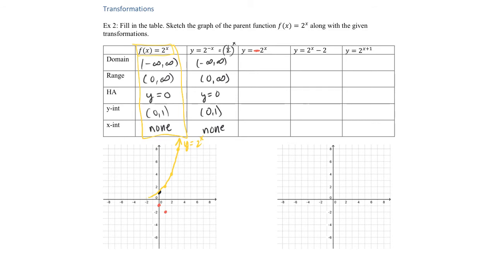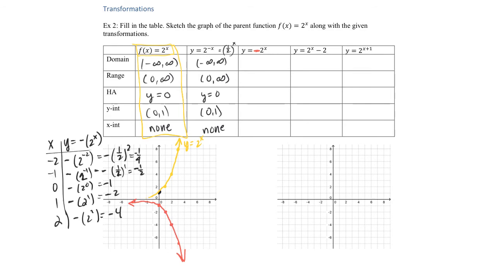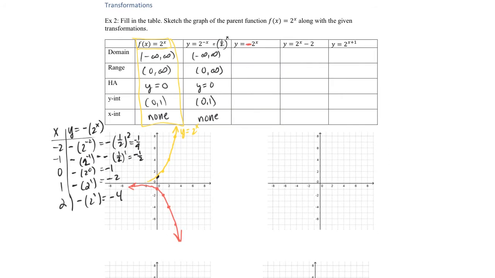So it's just reflecting it across the x-axis. All right, and if we make a quick little XY chart, we can see that all that negative is doing is just making our final answer negative. Okay, so that's the reflection across the x-axis there.